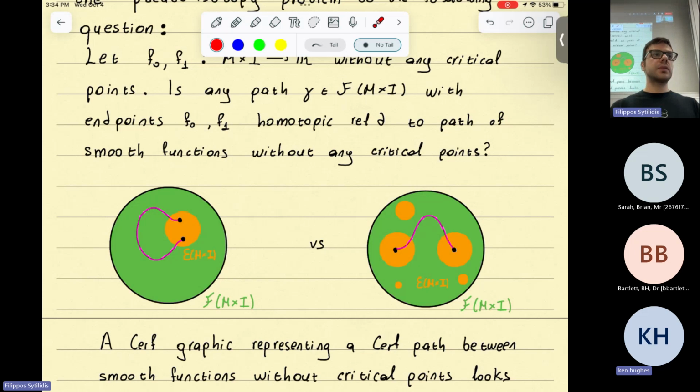The first step of the simplification process will be that I'm going to homotope relative endpoints to a path that is an ordered surf path. I've already shown you that any such path is homotopic relative endpoints to a surf path. That's the genericity of surf paths. And now I'm going to take any surf path and homotope it to an ordered surf path.